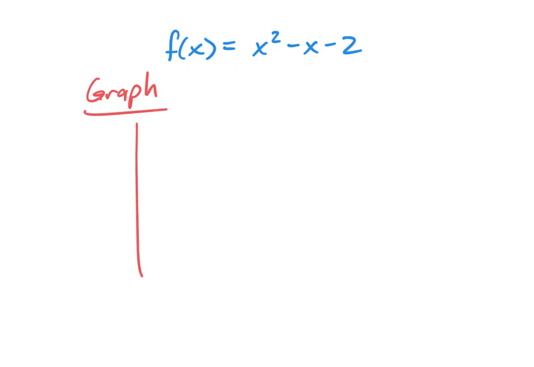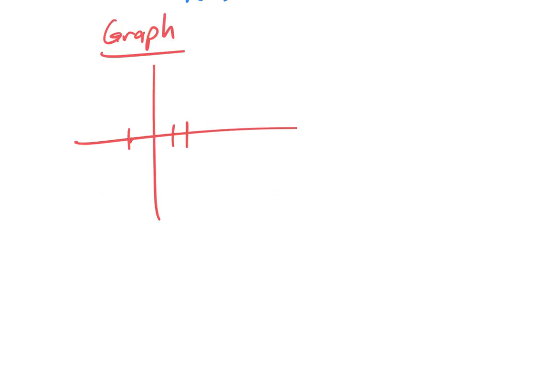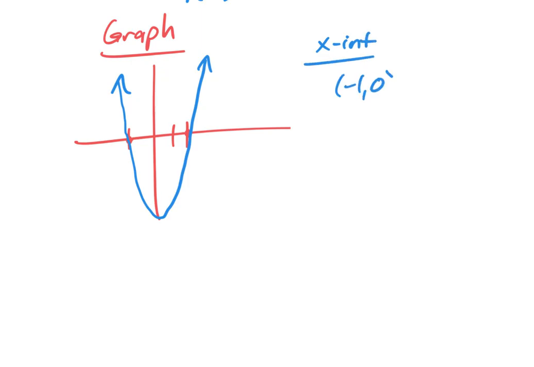So if we graph this function, -1 and 2 were the two places that this is going to cross. So my x-intercepts, we would say, are (-1, 0) and (2, 0).